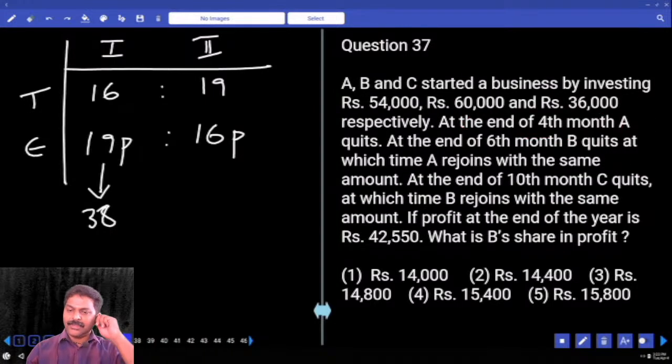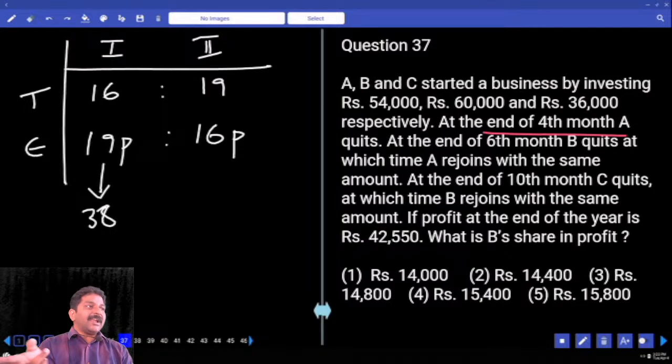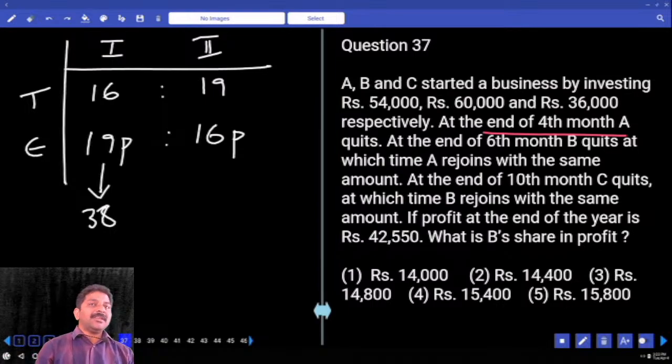Next. A, B, C started a business by investing 54,000, 60,000, 36,000 respectively. At the end of the 4th month, A quits. At the end of the 6th month, B quits. See, be careful, end of the 4th month. That means A is already there for? If A quits at the beginning of the 4th month, he was there for only 3 months.